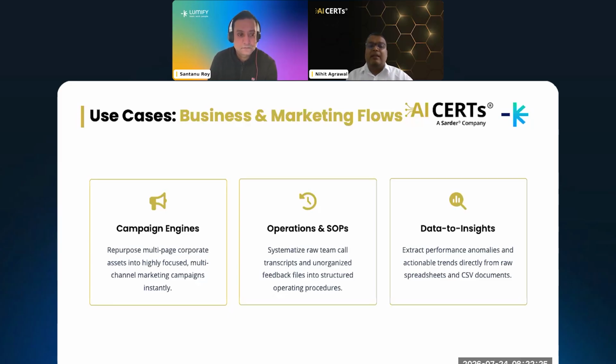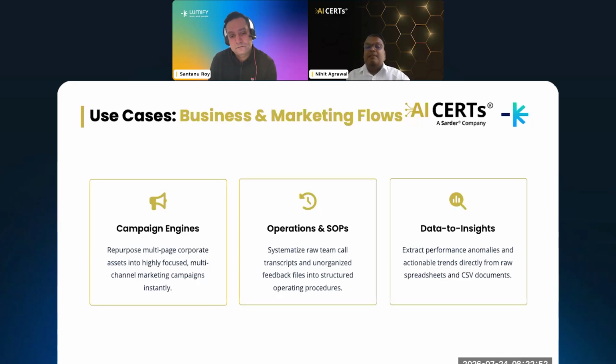Imagine several hours of meeting transcripts converted into a clear step-by-step process that employees can follow. It would take people a lot of time, which AI can do within minutes. So by this, we are improving efficiency, reducing confusion, and helping organizations preserve their knowledge.